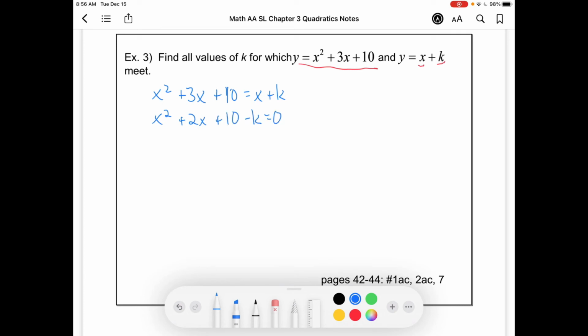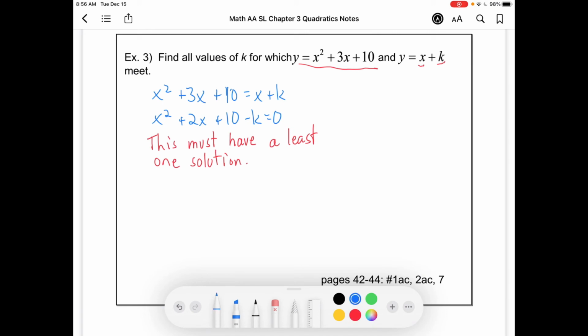I mean, to solve that, we'd find our meeting places. If they meet, then this must have at least one solution. Well, what does that mean for the discriminant?